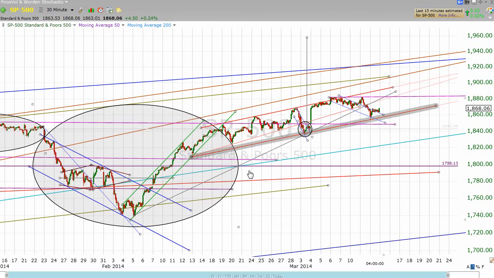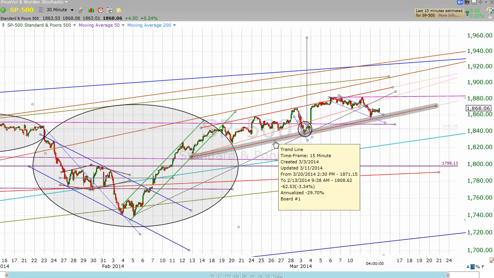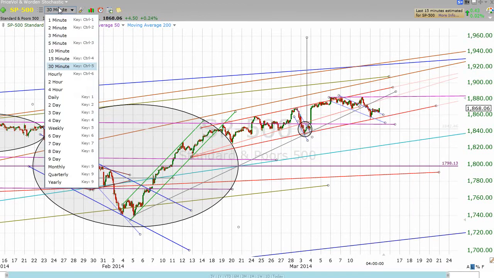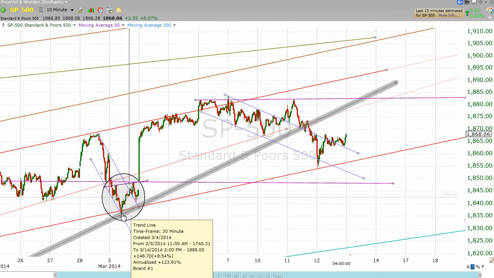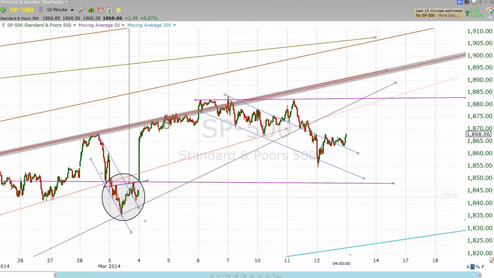But basically, to make a long story short, today we came down to our parallel support line right here early on. If we zoom in on that, you can see, and I didn't move this line, I believe this line right here was a little underneath it, because this is a parallel line.